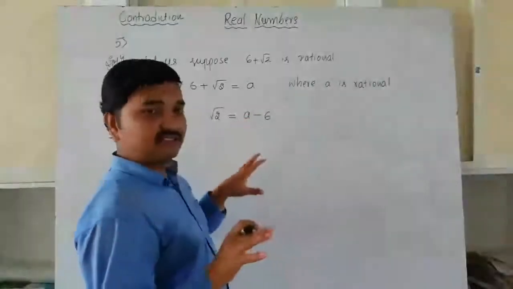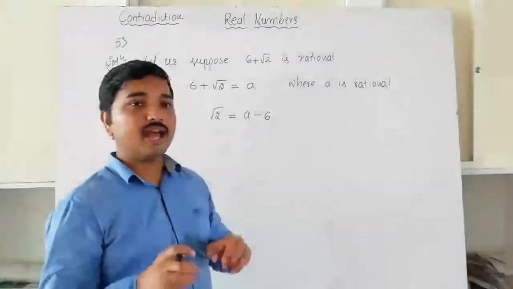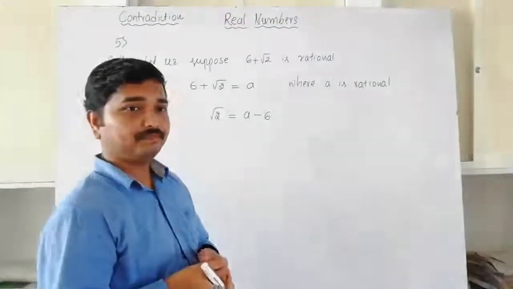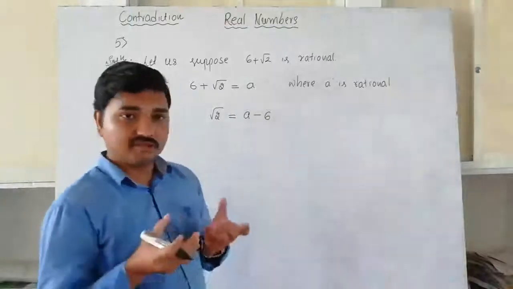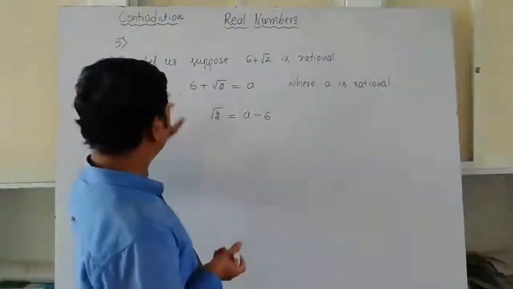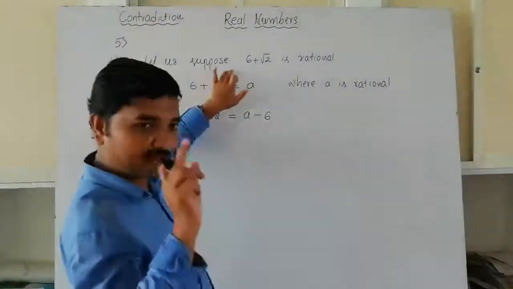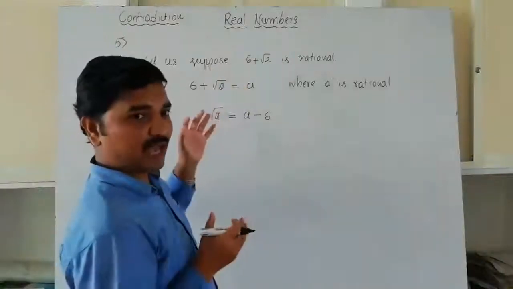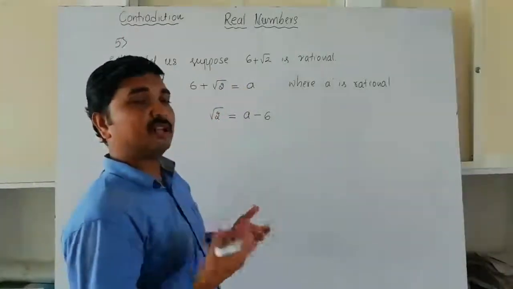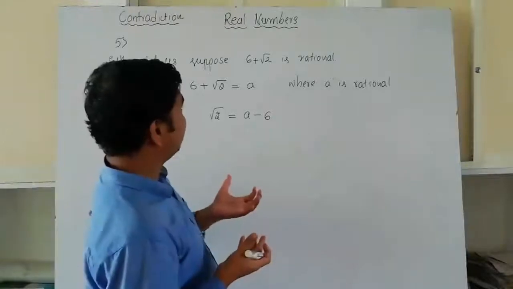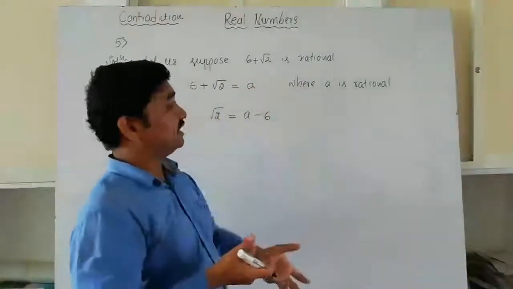So this wrong statement or wrong equation appears because of what? Our wrong assumption. What we initially assumed, let us suppose, means I imagined, is that 6 plus root 2 is a rational number.